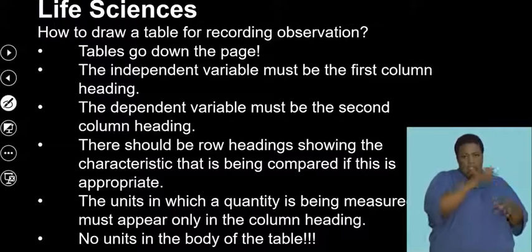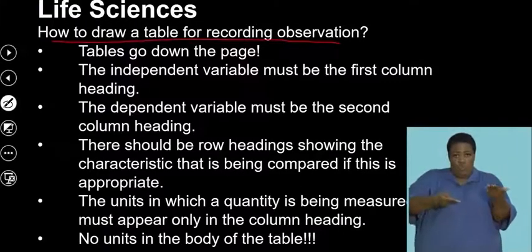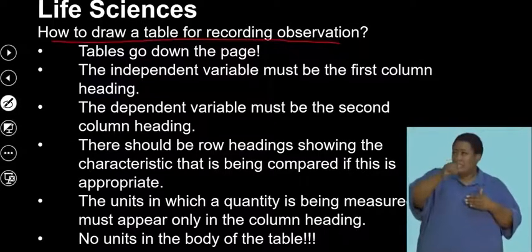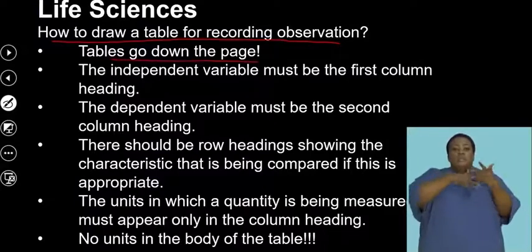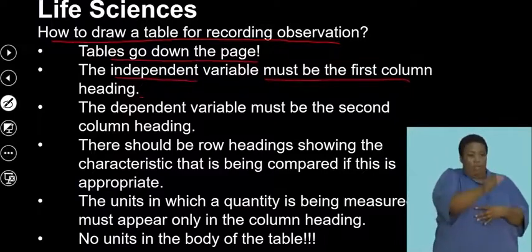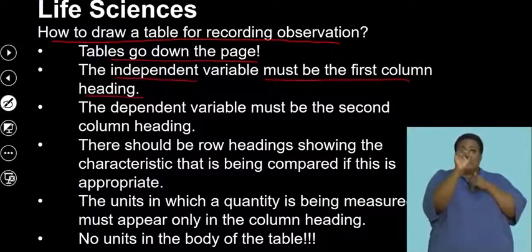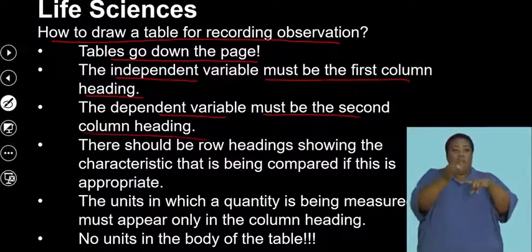Okay, so we're going to need to look at how we draw tables and record that information. Yes, you've drawn tables before, but it's important to follow a system. Generally, tables go down the page. The independent variable must be in the first column and clearly labeled. The dependent variable must be in the second column with headings.